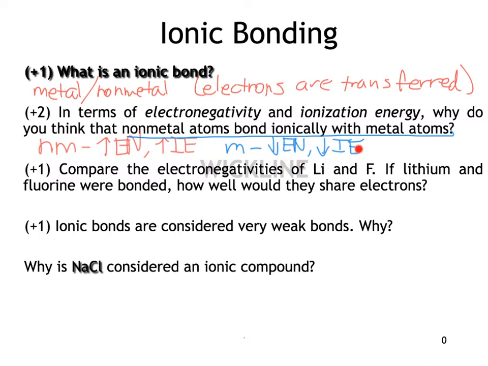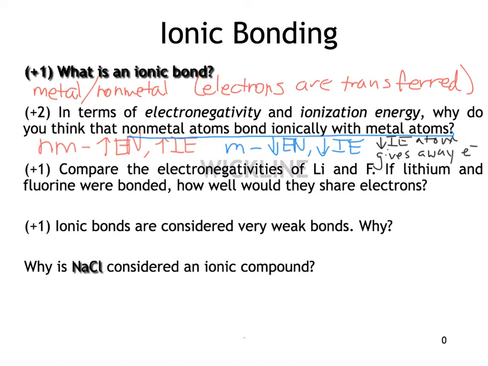And metals have low electronegativity. They don't want to gain electrons. And more importantly, metals have a low ionization energy, which means that they will resist the loss of electrons very little. So it's those two things together, that non-metals want to gain electrons and that metals don't mind losing electrons, that you get ionic bonds, or a transfer of electrons.